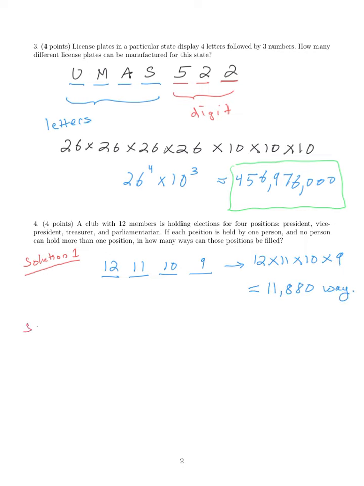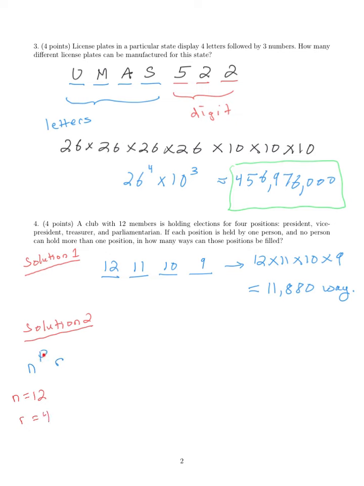For a second solution, which ultimately will be equivalent to solution 1, you could recognize this as an nPr question, where n is equal to 12, in this case the total number of members, and r is the number of ways you are choosing them.